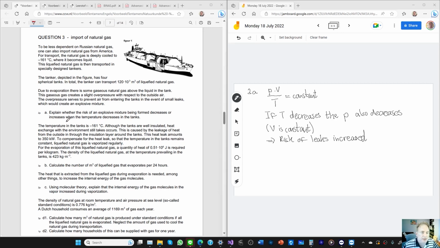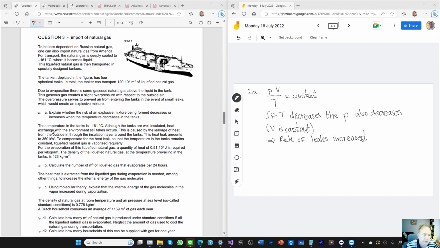The temperature in the tanks is what was already mentioned. Some heat exchange with the environment still occurs. That's caused by leakage of heat through the insulation layer. This heat leak amounts to 350 kilowatt. So that's how many joule per hour? Sorry, how many joule per second?